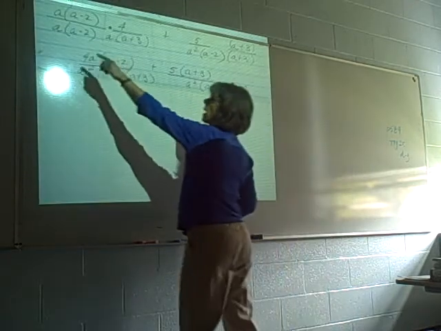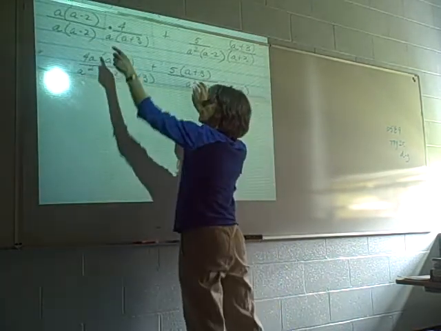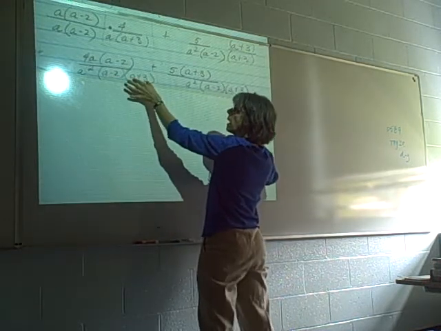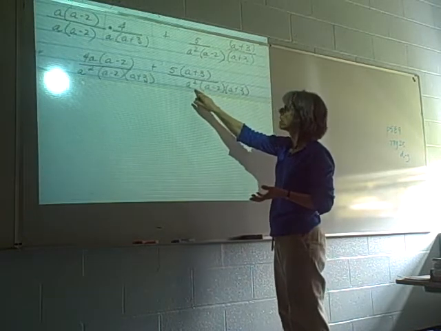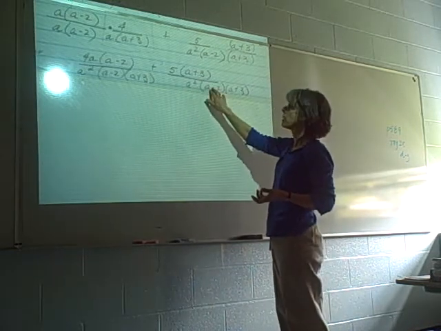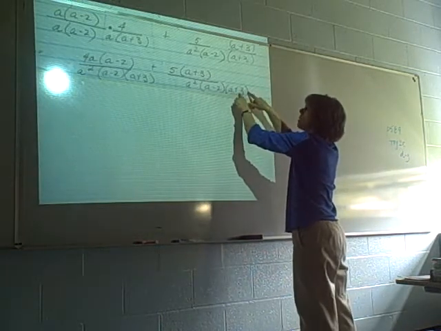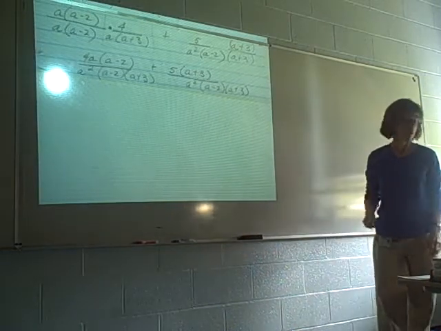Think about this, I had a times a, I have an a squared, this side has an a squared, this side had the a minus 2, and we added in that a plus 3. This side had the a squared, it had the a minus 2, and I had to add in the a plus 3 over the a plus 3. So you don't have to simplify further than that. Yes.